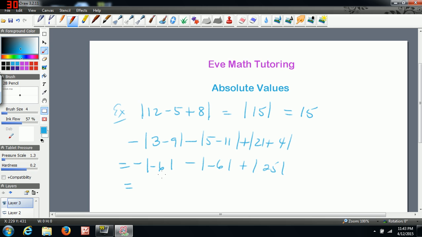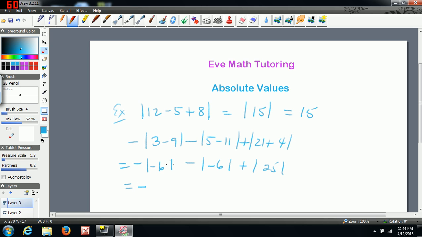Now at this point, we just remove the absolute values. So the negative just stays here.